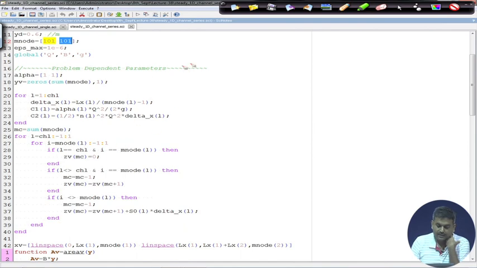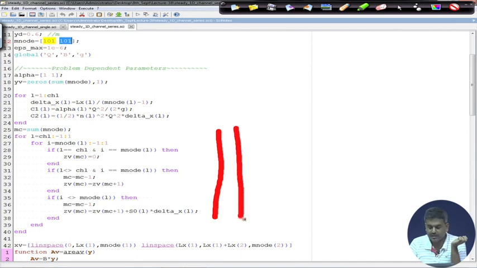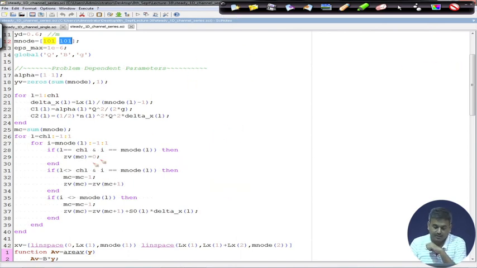Now, we can define this MC, which is the total number of nodes there, and we need those many flow depth values. In this case I can calculate the Z values starting from 0 value at the downstream end portion. So, if L equals CHL, which is the downstream channel, we can calculate the ZV value here.